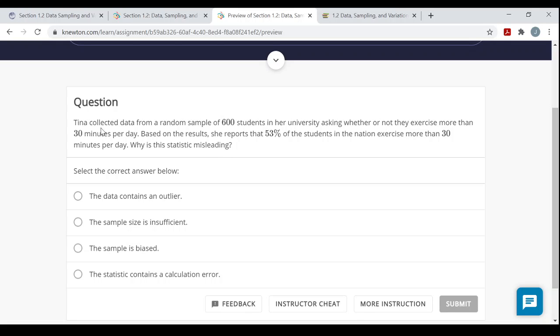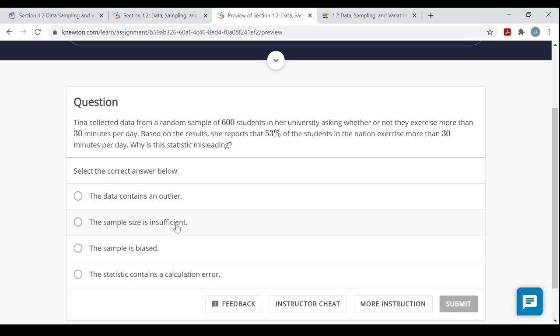Well, look, she collected data from a sample of students in her university, and then her conclusion was about 53% of students in the nation. That's much, much larger than her university. She only pulled people from the university, not the entire nation. There's definitely bias there, right?